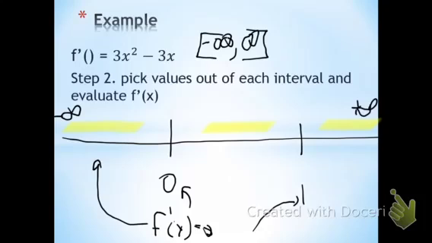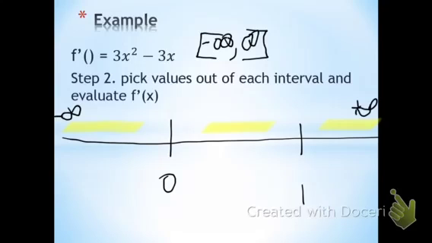So I'll give you an example. If I pick negative 1, for instance, and evaluate this function, f prime of x, at negative 1, I get f prime of negative 1 equals 6.